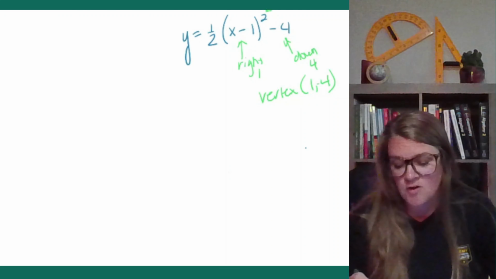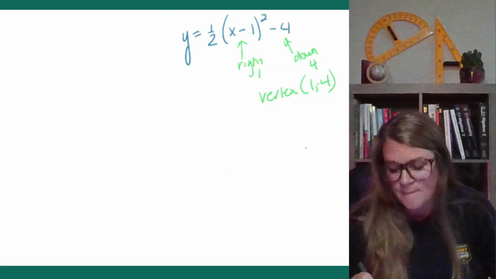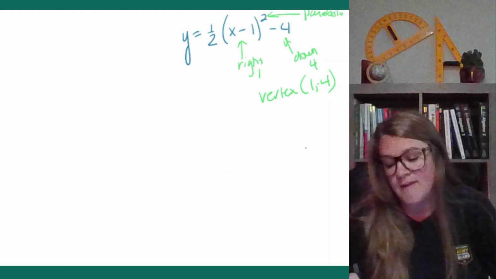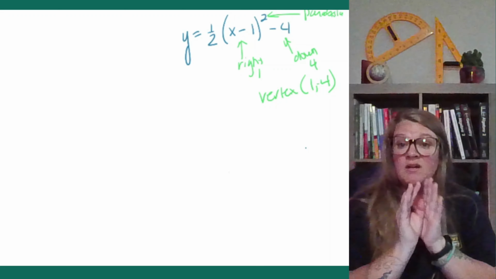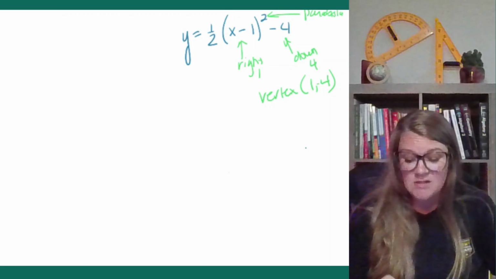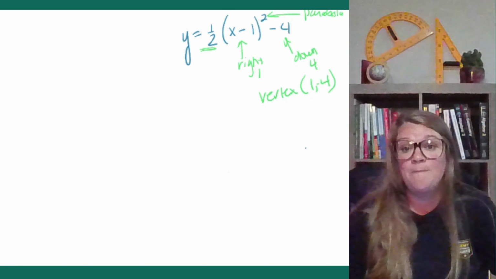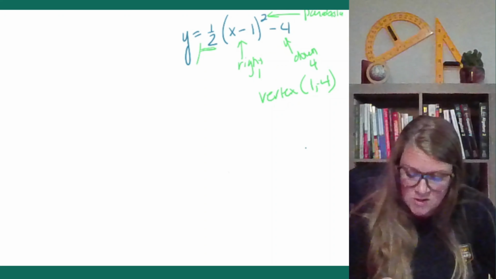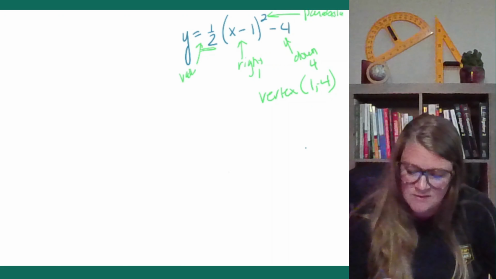Okay. Another thing that I know, first of all, I should have started with this one, is that that exponent of 2 tells me that this is going to be a parabola. It's going to have that shape. It's either going to be a valley or it's going to be a hill, but we know which one it's going to be. Since this is a positive out front right here, it is going to be a valley this time. Okay, so since there's no negative, that tells me that this is a valley.